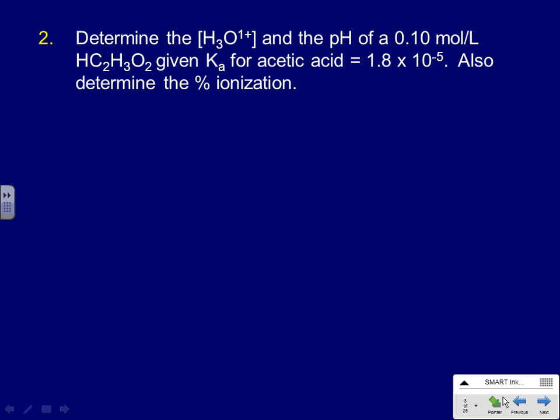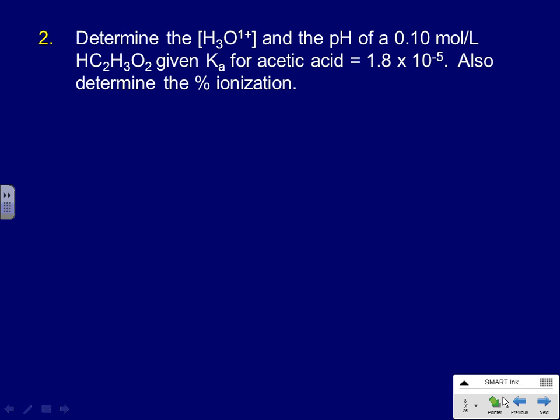Determine the H3O plus and the pH of a 0.1 molar acetic acid solution, given the Ka for acetic acid is. Bang, there it is. Really, if you're doing it properly, you should do a check for the approximation, even though we're not going to use the ice table. I'm not worried about seeing the check for the approximation.